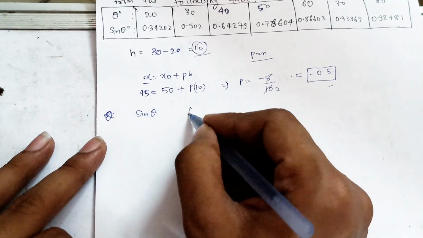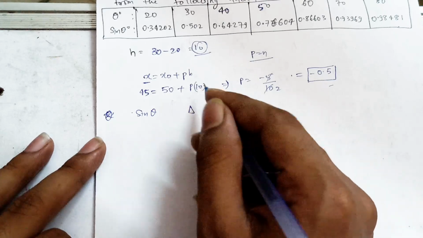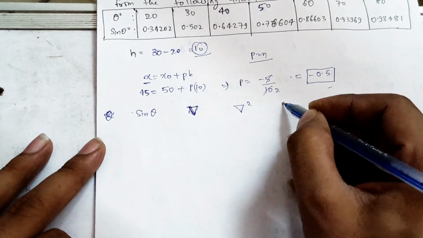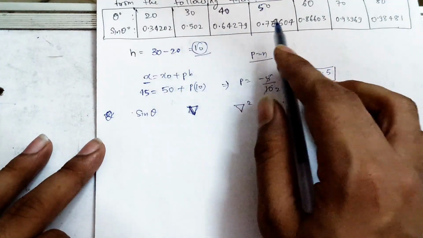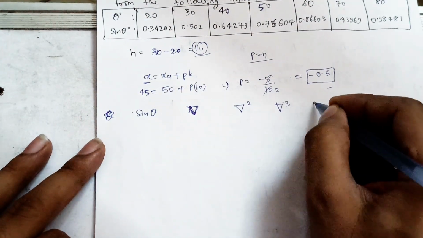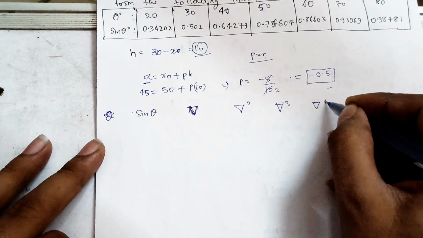Then we will find del. Since we are using backward differences, we use the backward notation, and del square. Since we have 7 values, we are going to use it till del 6.